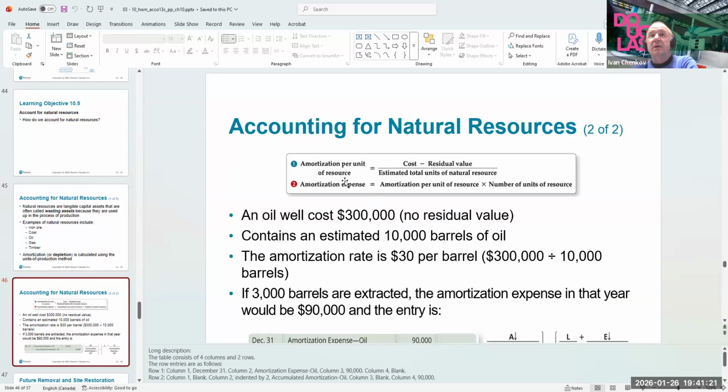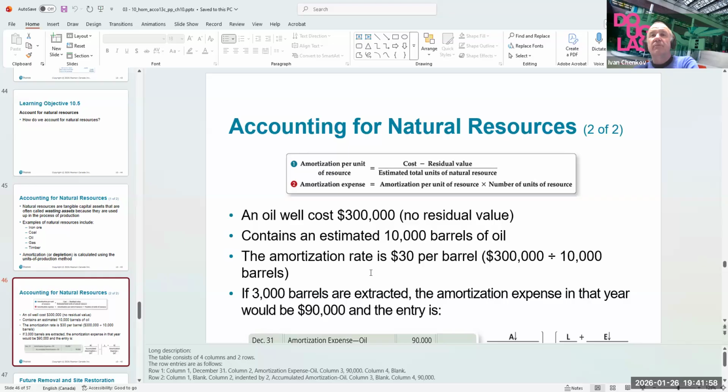So what are we going to do with the accounting for natural resources? Let's say we found a new bed of oil under the ground, and the cost is $300,000 to extract it. We estimate that this oil contains 10,000 barrels.